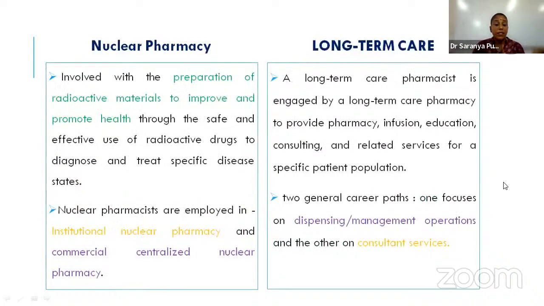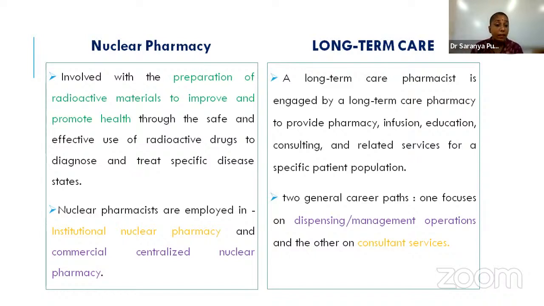In nuclear pharmacy, a very well paid option. The pharmacist in a nuclear pharmacy will be involved in preparation of radioactive materials. These will be given to improve and promote health through safe and effective use of radioactive drugs to diagnose and treat specific disease states. So this is a very promising option.